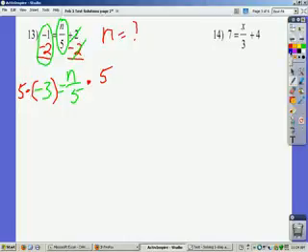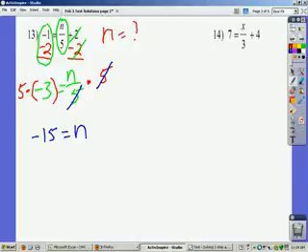Okay, anyway, what are the 5s going to do to each other on the right-hand side? They're going to cancel out, and what's left is simply n by itself. Now, on the left-hand side, 5 times -3 is -15. And you're done. n is by itself, and regular numbers are on the other side. So that's what we want.